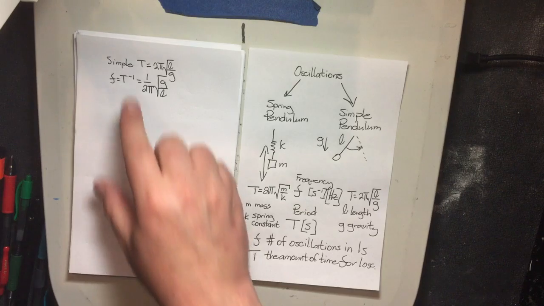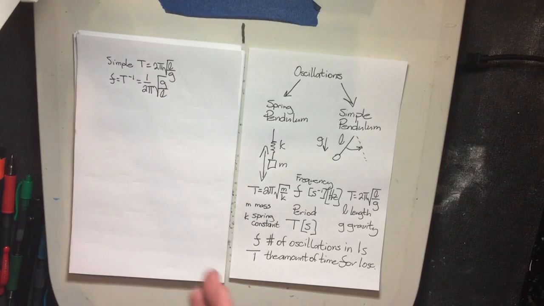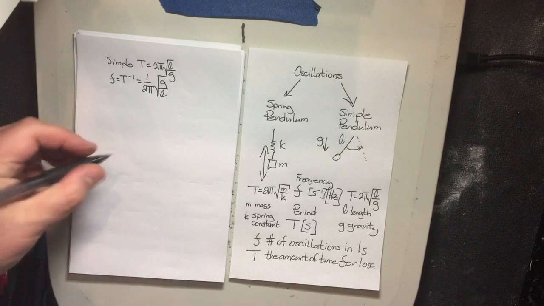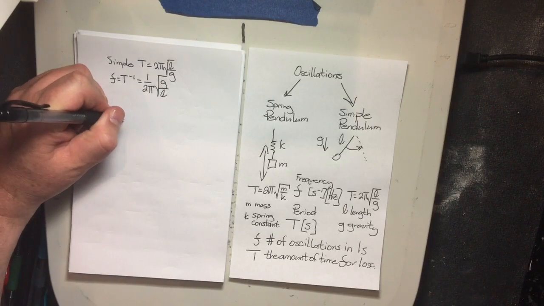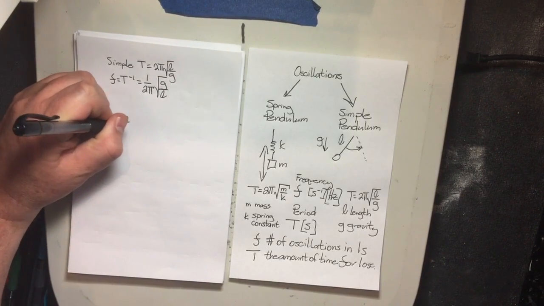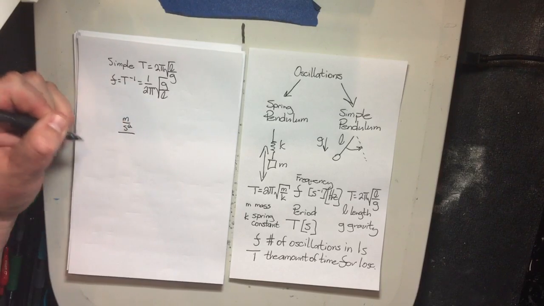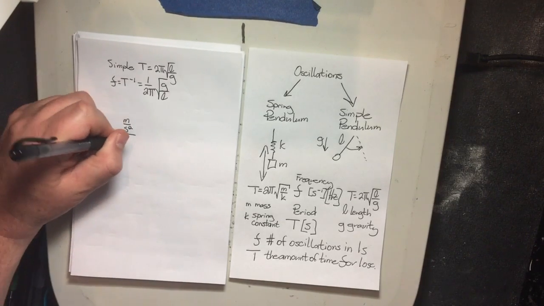What you normally do is, you know the units for period are seconds. That's obvious. So you can do a unit check. Let's assume incorrectly that the period is gravity over length, square rooted. Gravity is meters per second squared, and L is in meters.